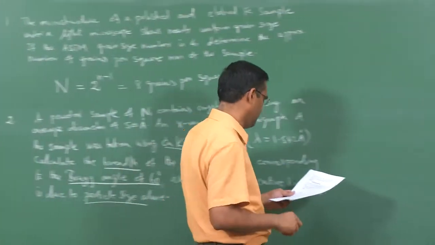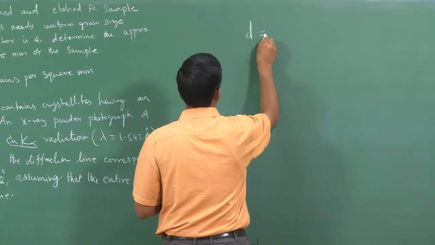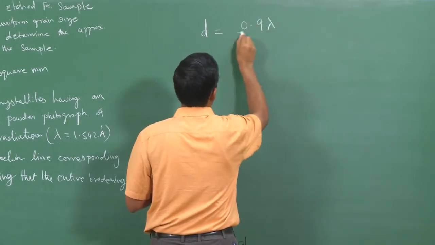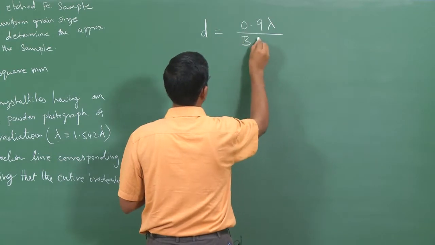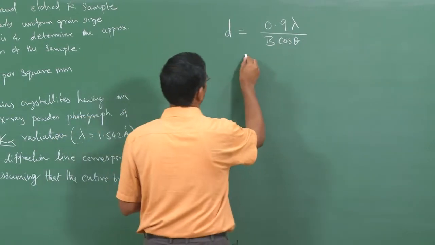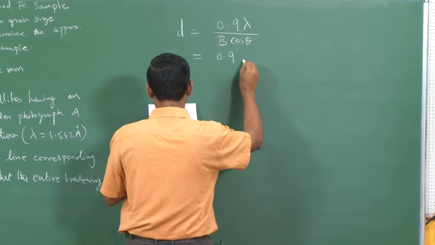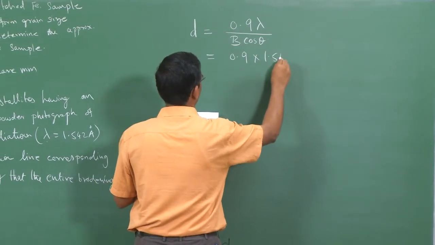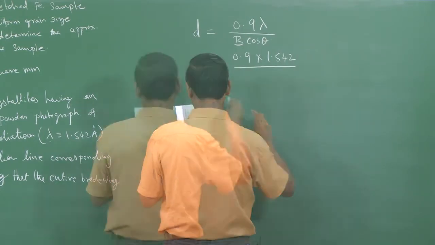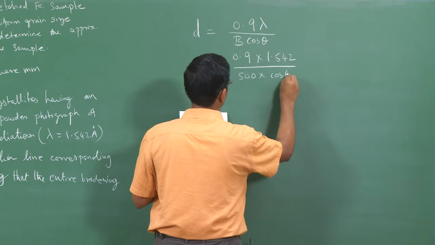So, how to proceed with that? You have the Scherrer formula of this kind. You simply substitute into this equation: 0.9 into 1.542, divided by 500 into cos 60.